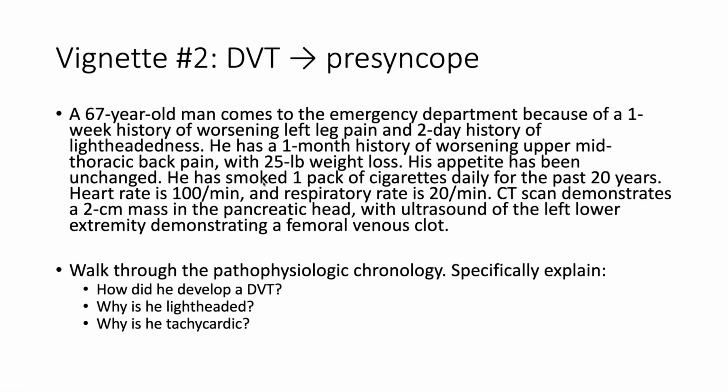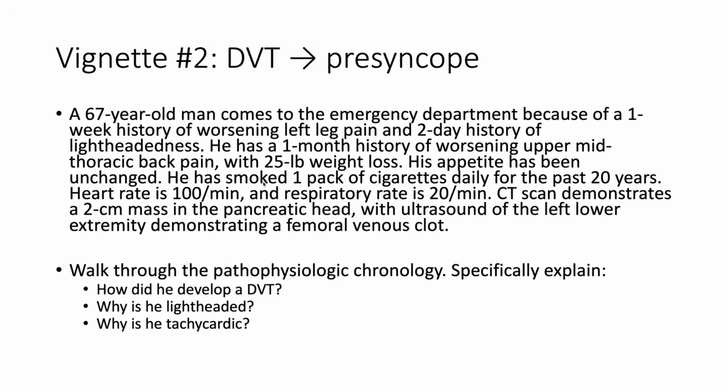Yeah, the pathophysiology chronology will be such that this 67-year-old has been smoking for the last 20 years, and that's a risk factor for pancreatic cancer. And both of those are risk factors. They kind of make up Virchow's triad. There is endothelial damage and there is hypercoagulability, which results in DVT.